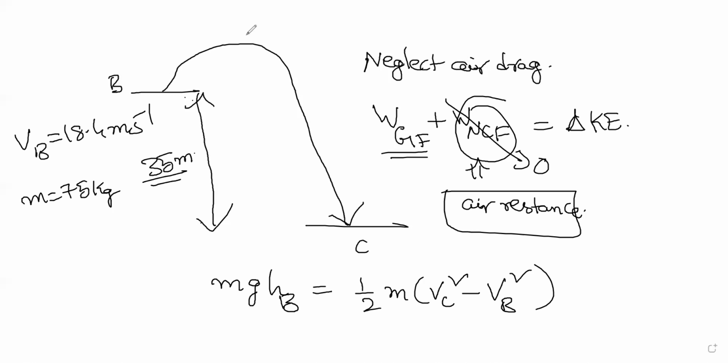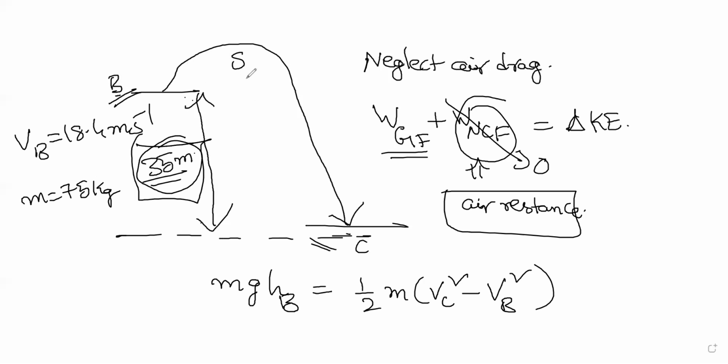Don't worry about whatever path he has traveled. It doesn't matter, because you have to see the vertical displacement from the point B to the point C. That's it, the shorter distance between B and C. Vertically, this is the displacement he attained, 35 meters only. Whether he jumped here, all this is distance.